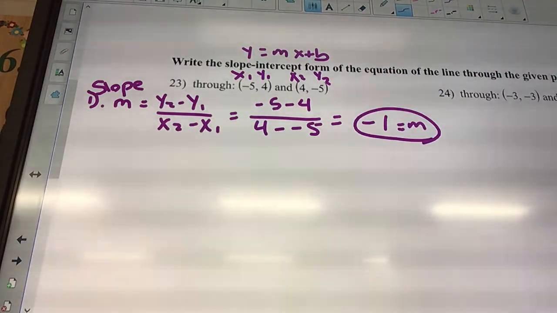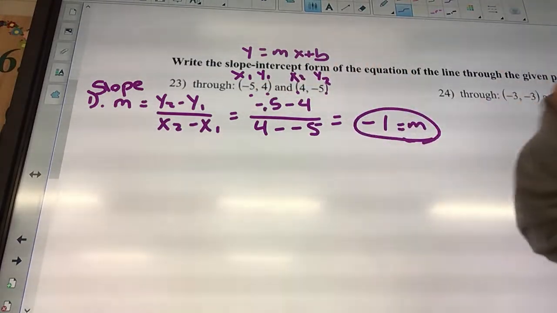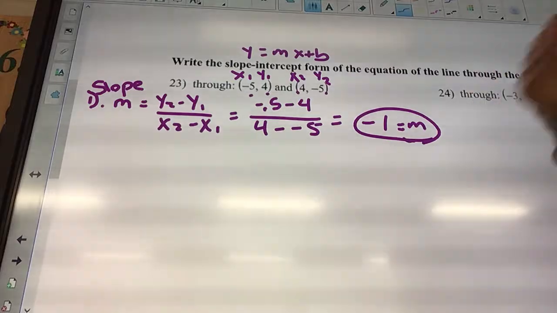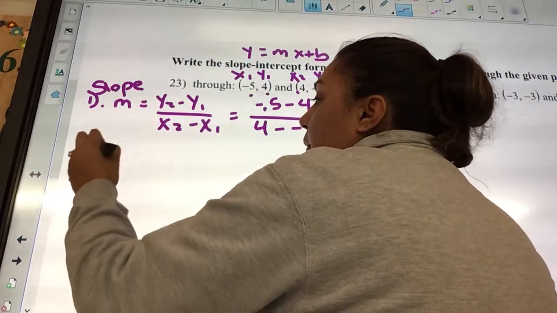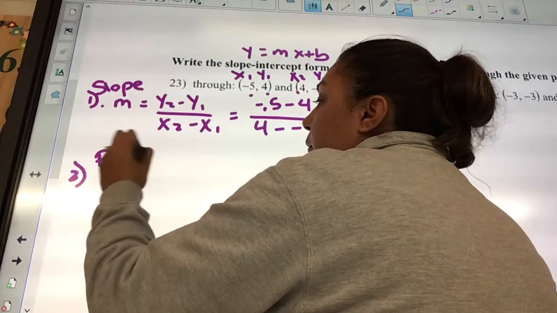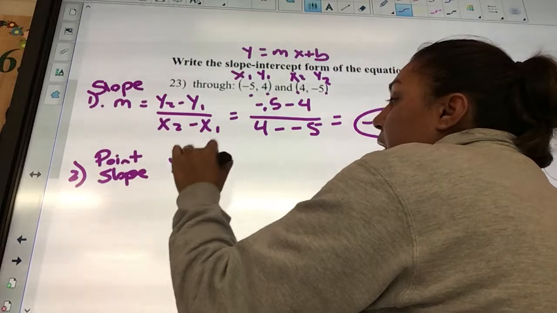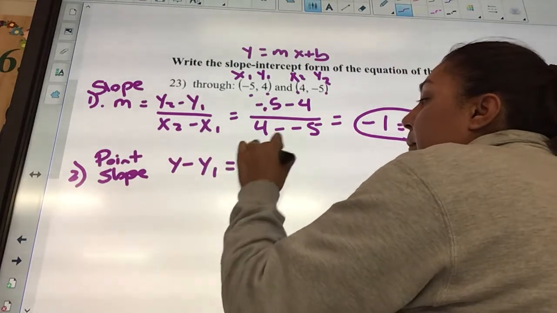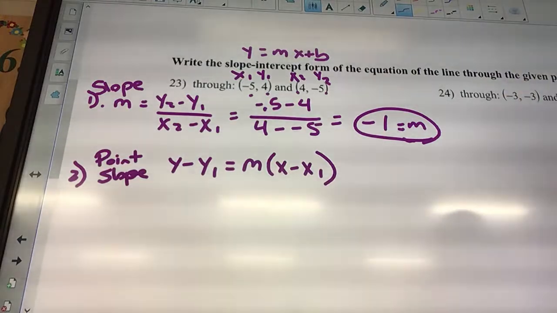Okay. Now let's look at, okay, well, I have an m now, and I have an x1 and a y1 and an x2 and a y2. So the only formula that I can use would be my point slope formula. Which goes like this, y minus y1 equals m(x minus x1). Okay, so, and we talked about this earlier.